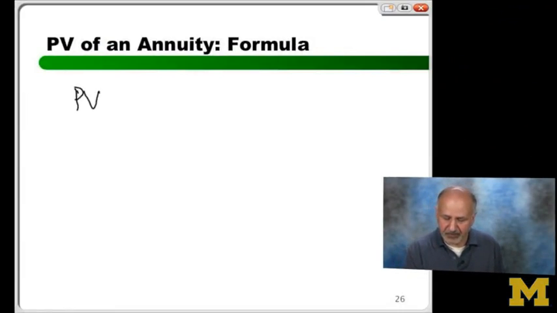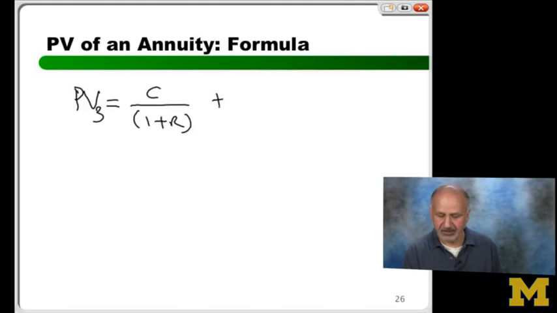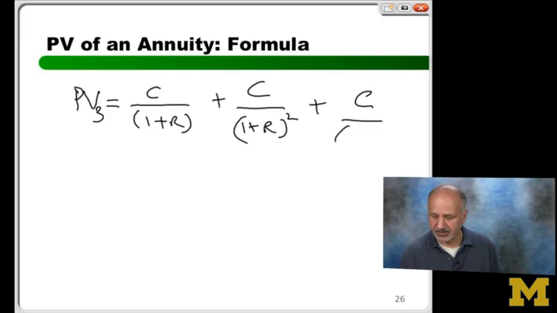The present value formula for a 3-year annuity, and I use this 3 just to remind me that it's just 3 years, is what? C over 1 plus r plus C over 1 plus r square plus C over 1 plus r cube, right? So I have just to do 3 PVs.